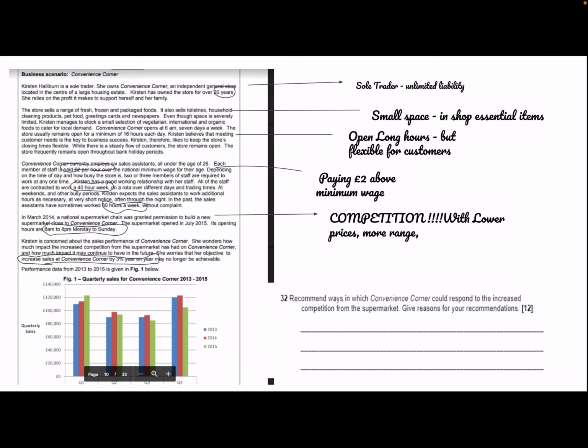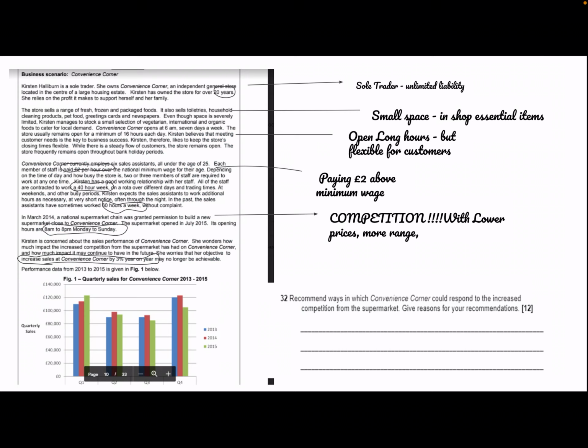It cannot compete in terms of range of products because she hasn't got the space. Therefore, your thinking has to be around what else this business could do to compete.